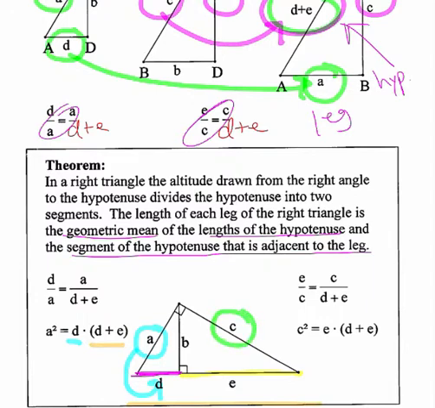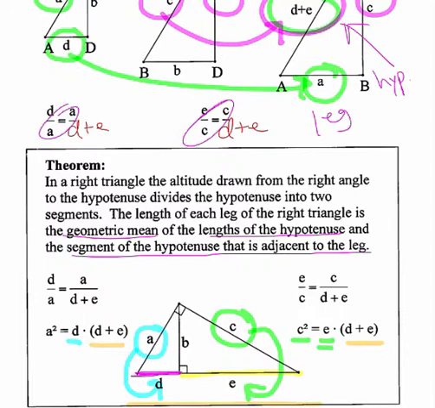C is a leg, so C squared should equal the part that it touches, which in this case is E, multiplied by the entire hypotenuse, D plus E.